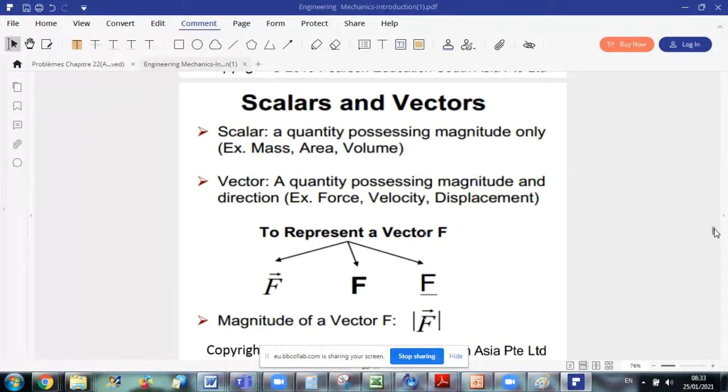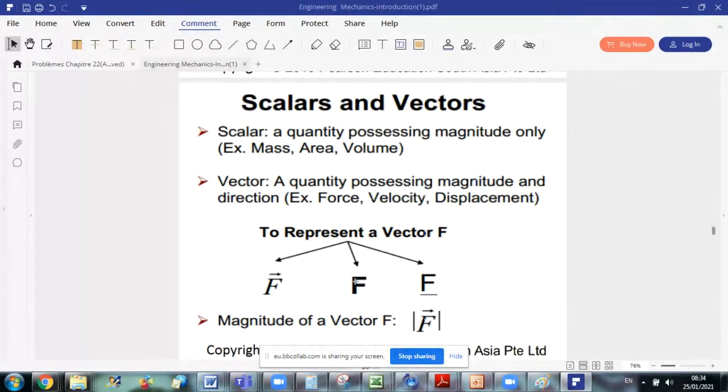To define it, in general we have 4 properties: point of application, magnitude, direction, and sense. In order to represent a vector, we can have several ways. We are familiar with this notation, where you have the letter with an arrow above it. You can see it as a bold letter, as we have seen in this presentation, or you can have it underlined.